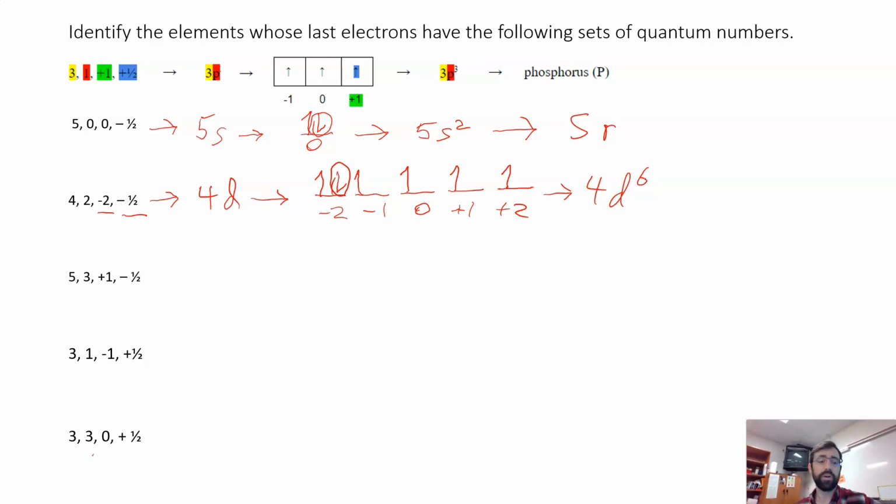To find 4d6, remember the D block, if I say 4d, that's actually in the 5th row, or period 5. So I go to the 5th period in the D block, count over 6 elements: 1, 2, 3, 4, 5, 6, and you find Ru is the element we're talking about here.